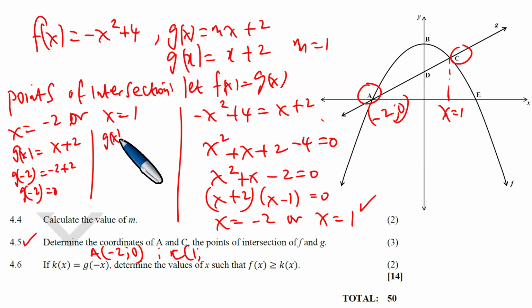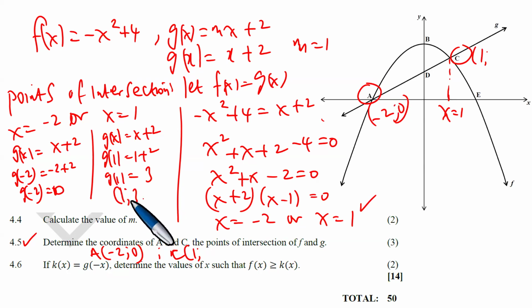And g of 1 is 1 plus 2, which is exactly 3. So when x is 1, y is 3. When x is minus 2, y is 0. So C will have the coordinates 1 and 3.